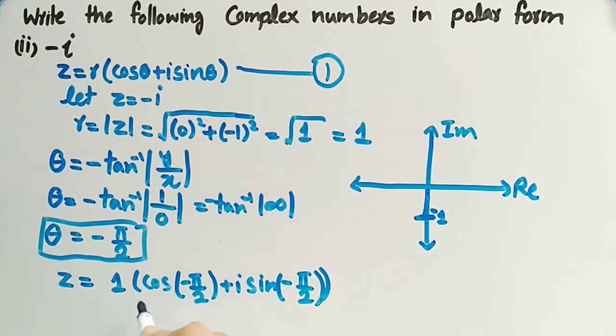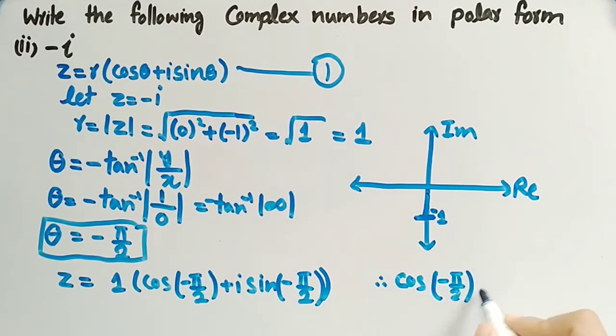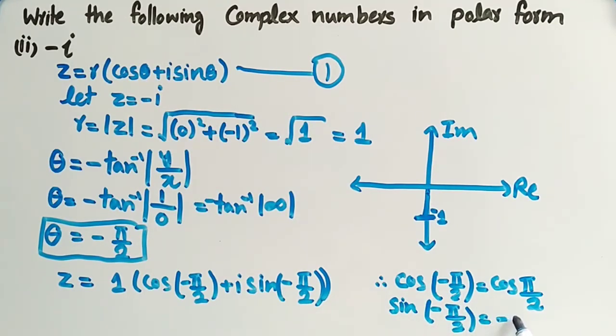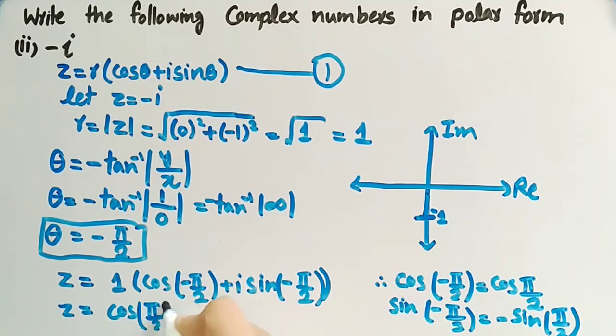By trigonometric identities, we know that cos minus pi by 2 is equal to cos pi by 2 and sine minus pi by 2 is equal to minus sine pi by 2. Replacing these values in this equation, we get z is equal to cos pi by 2 minus iota sine pi by 2. So this is the polar form of the complex number minus iota.